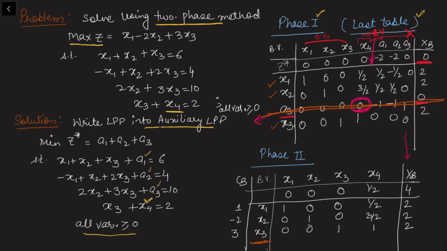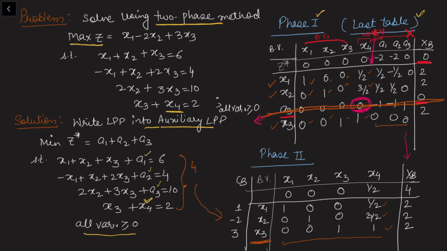Here you can see the basis size has reduced. We have 4 constraints, but in the basis we finally have 3 basic variables. This is the same table, with the entries 1, 0, 0, 0, 1, 0, 0, 0, 1 and 1 by 2, 3 by 2, 1, which corresponds to x4. The artificial variable columns we have dropped, along with the right hand side.